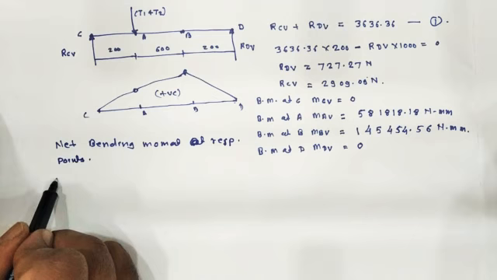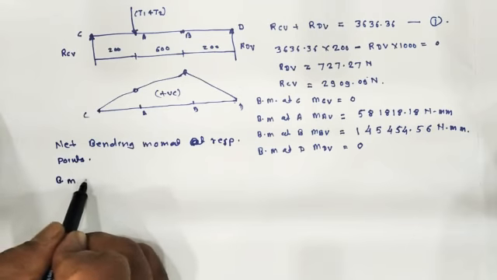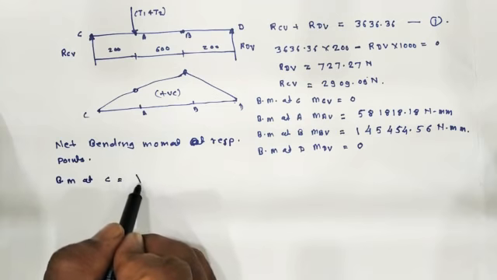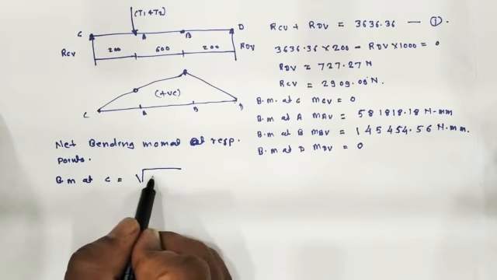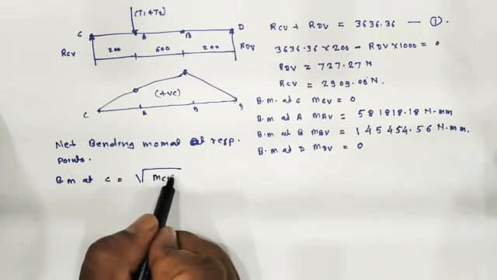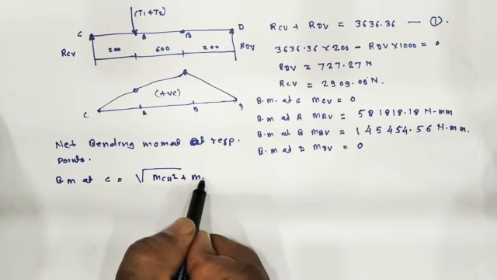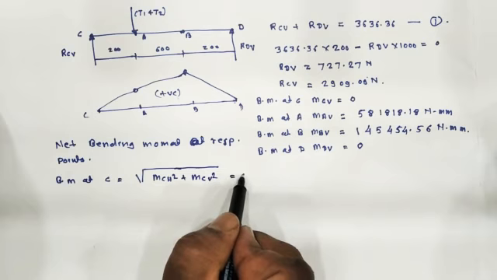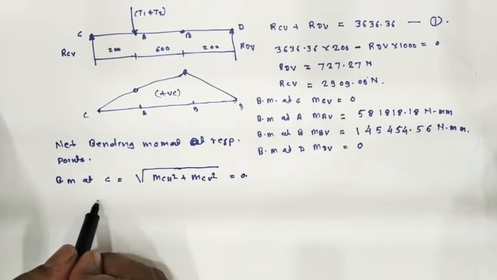See here, bending moment at C is equal to the square root of MCH square plus MCV square, as it is 0, so it becomes 0.